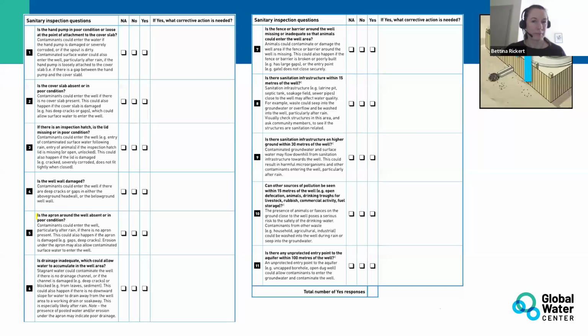We've got, is the apron around the well absent or in poor condition? This is number 5: if the apron is damaged, there are gaps and deep cracks, or erosion under the apron, that may also allow contaminated surface water to enter the well. But I don't know if that responds to your comment.